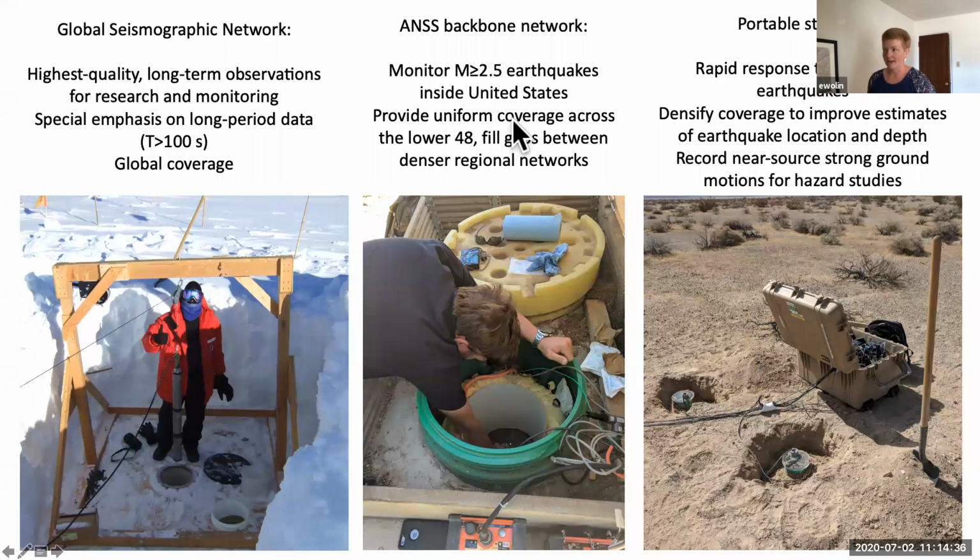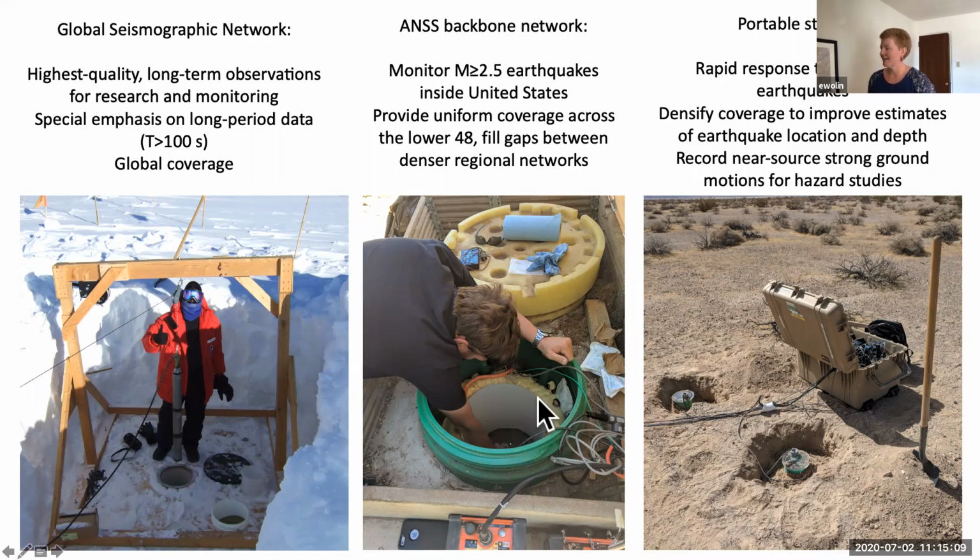Stations like the ones that I manage inside the US are designed mostly for monitoring. We're trying to detect and locate earthquakes, ideally magnitude 2.5 and above, anywhere inside the United States. The network is designed to provide uniform coverage across the lower 48 states, coordinating with denser regional networks. You can see here this GSN station is installed in a borehole. This is a station at the South Pole in Antarctica.